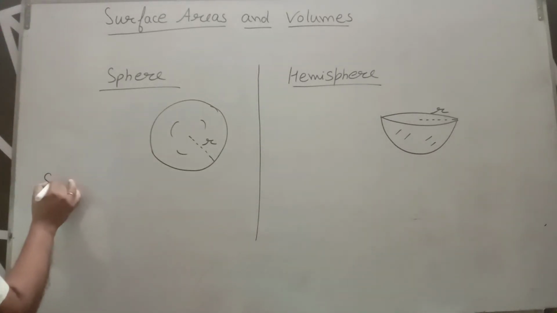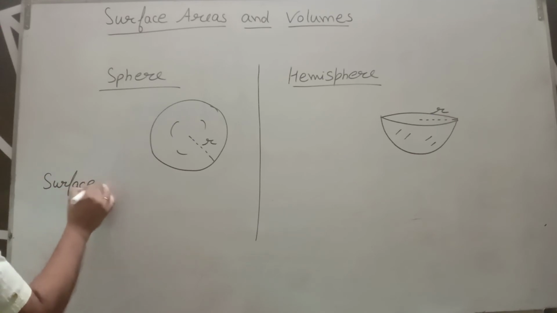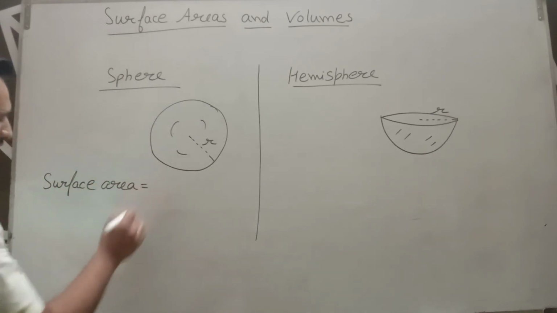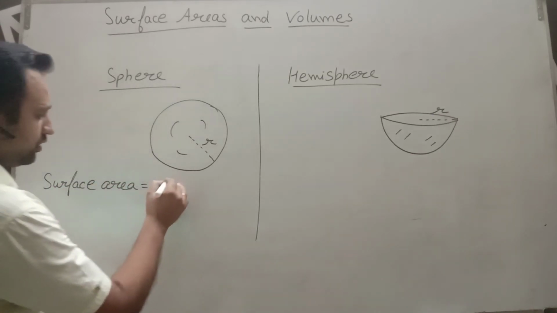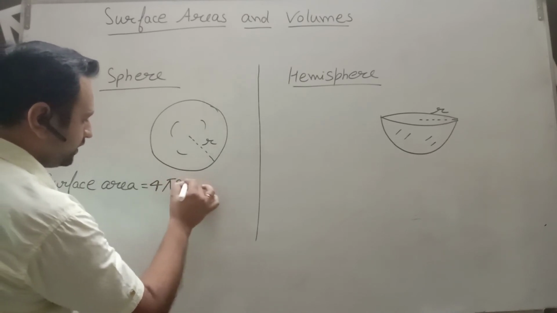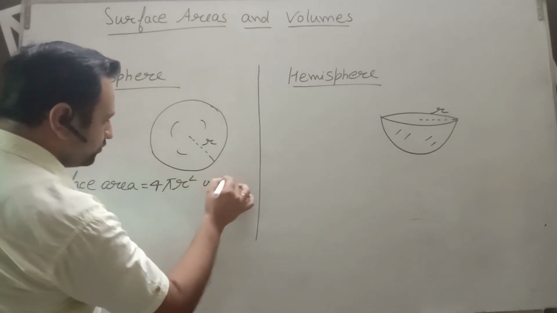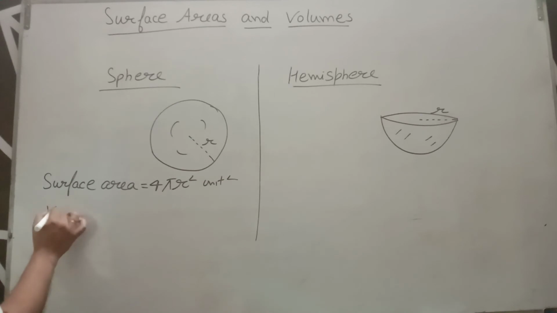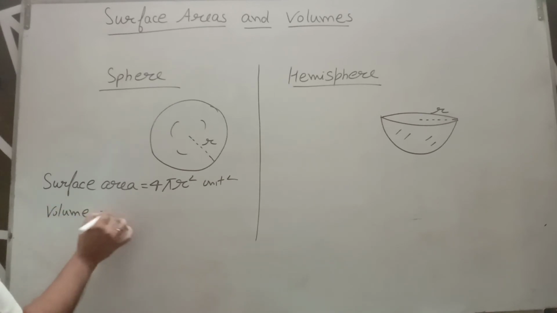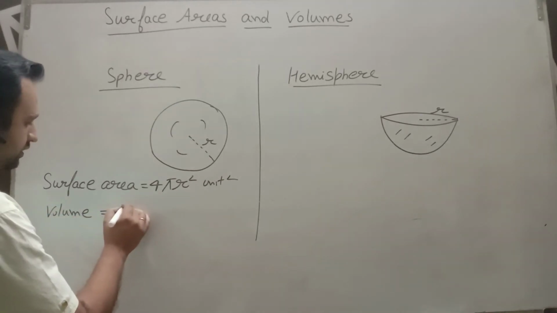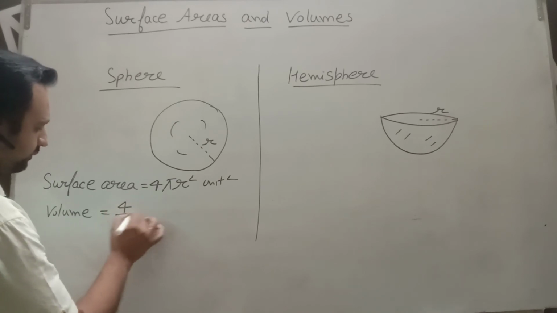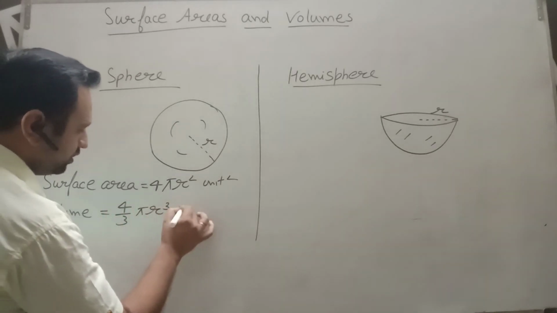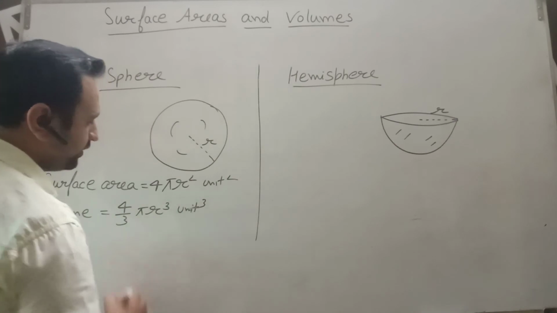It contains only one surface, so it has only a surface area, 4 pi r square unit square. And its volume is 4/3 pi r cube unit to the power 3.